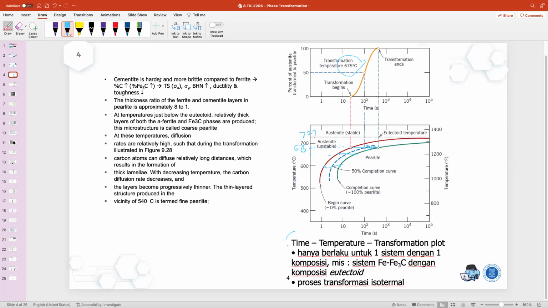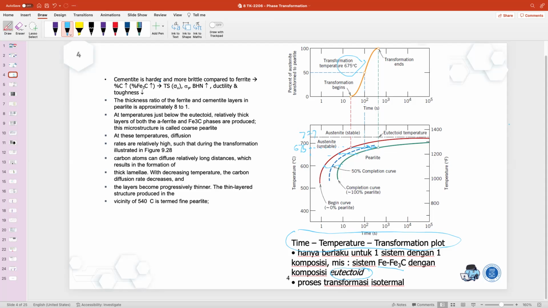This curve is called the time temperature transformation plot, because we know the information on time in seconds, we know the temperature of the transformation, and we also know where each phase is, where the austenite is and where the pearlite is. So this is called the time temperature transformation plot for this system of Fe and cementite at the eutectoid composition. Only for isothermal transformation.